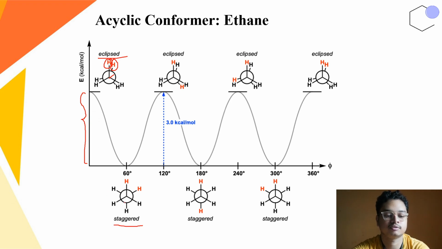In the staggered conformer the torsion strain is lesser than in the eclipsed conformer, and that's why the staggered conformer is much more stable than the eclipsed conformer.